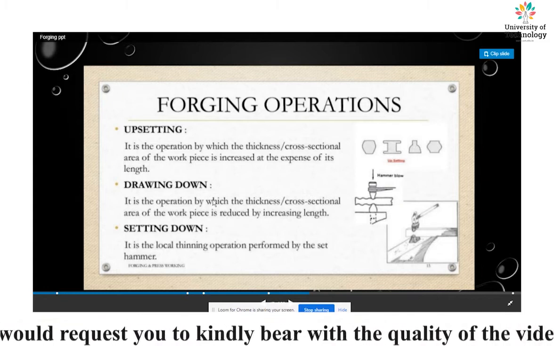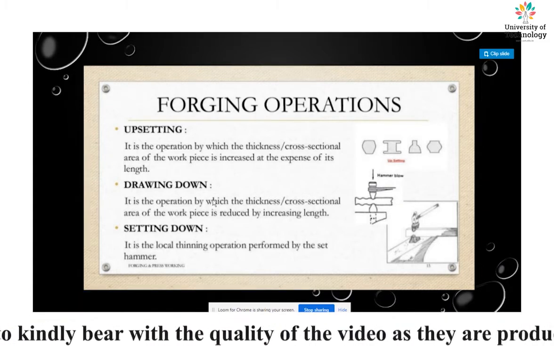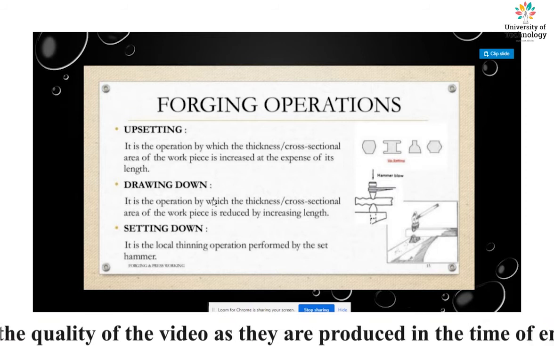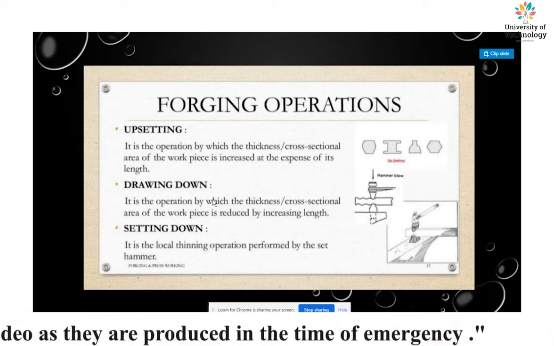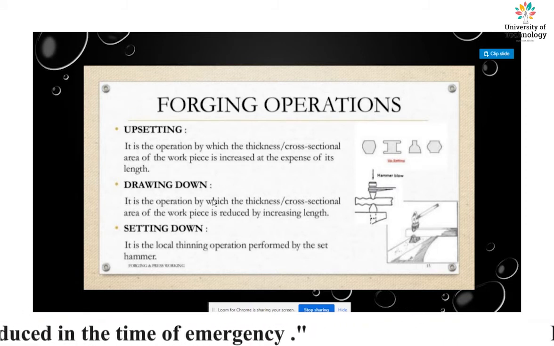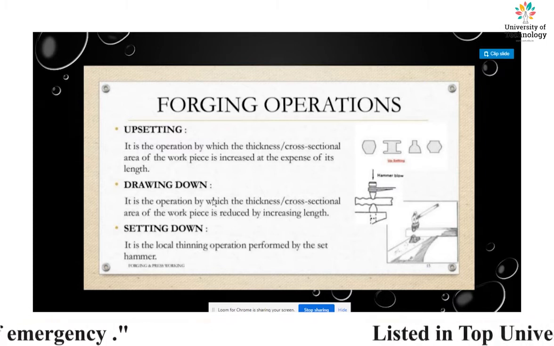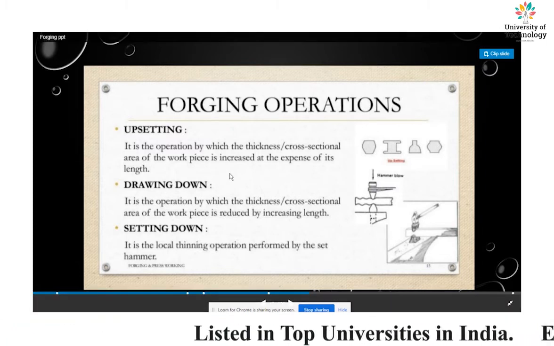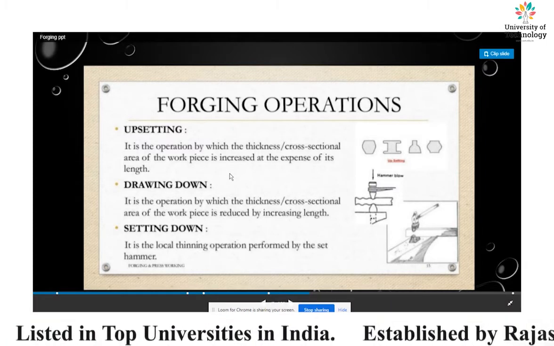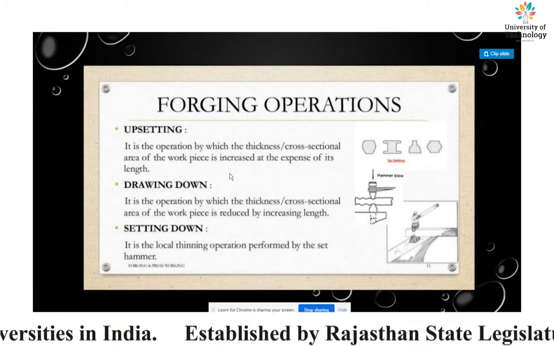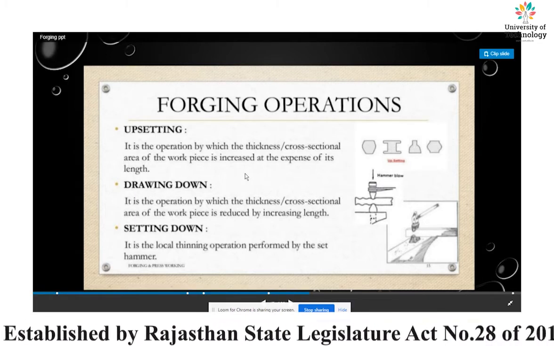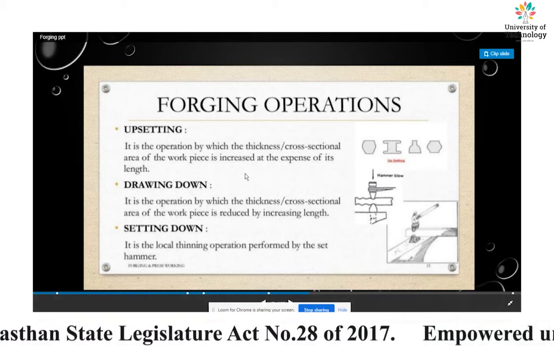Some forging operations we have earlier discussed, but in this slide we have some discussion about upsetting. It is the operation by which the thickness and cross-sectional area of the workpiece is increased at the expense of its length.